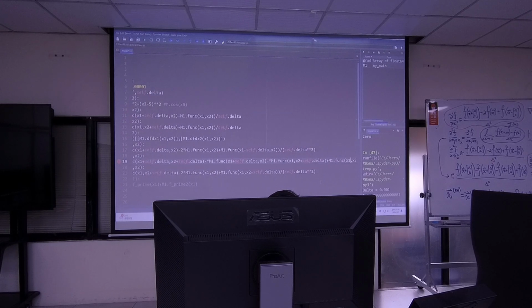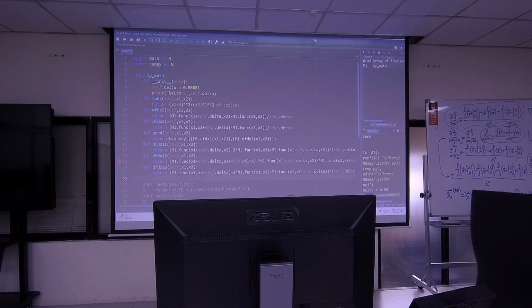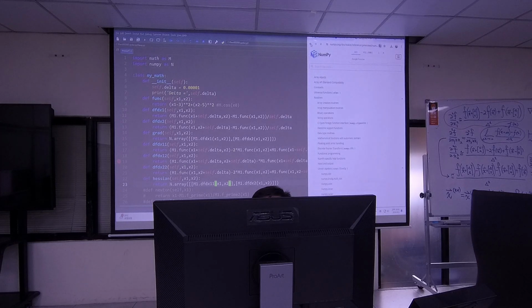Now I need to create a matrix, the Hessian. Self x1 and x2. What is Hessian? It's gonna be a NumPy array, but this time the df, the 1 1 term, and then let me just double check if I program this right.